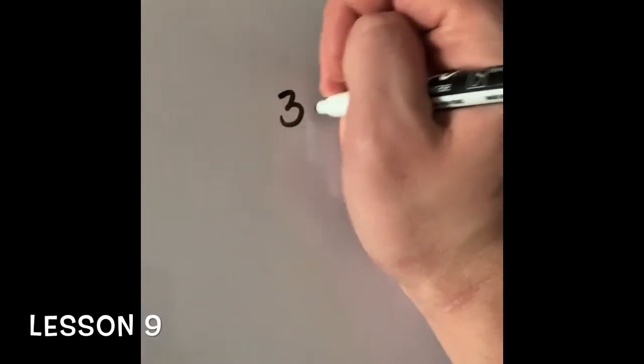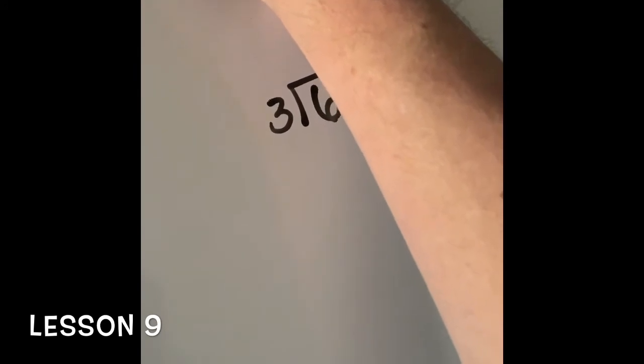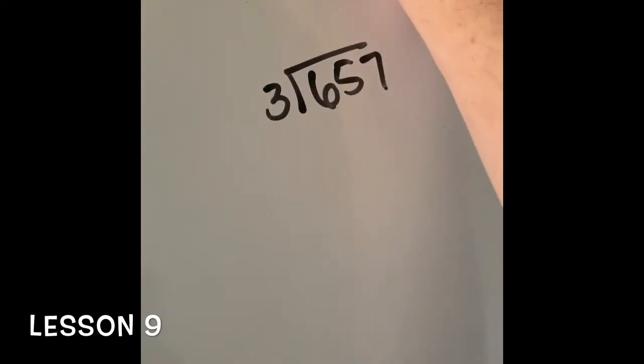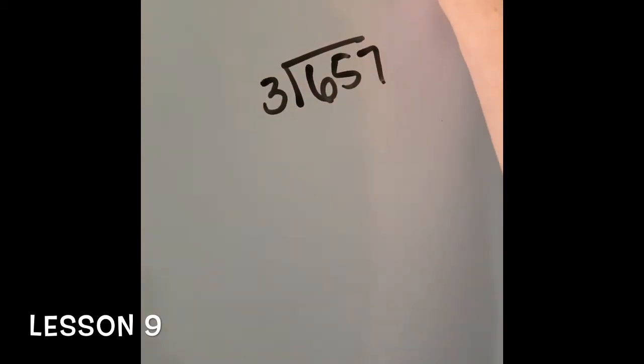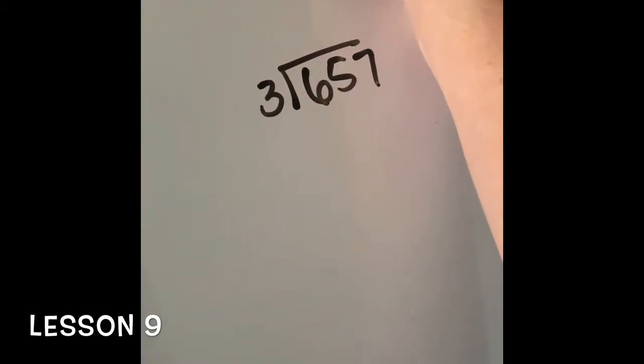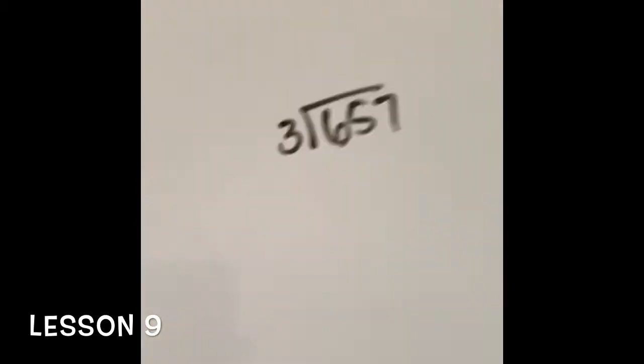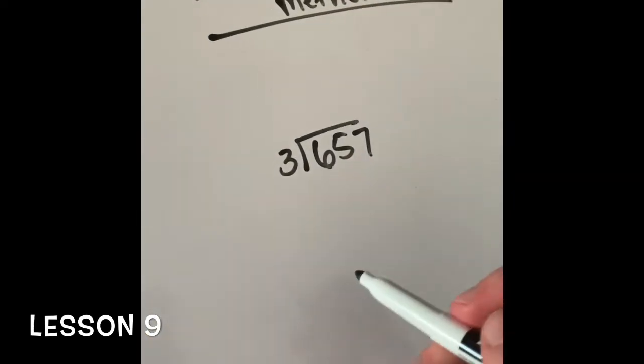I have to erase because I have to come down a little bit. So 3, go 3, 6, 5, 7. So this is a partial quotient method. And don't worry, I will zoom out to show you the whole whiteboard here in a bit, but I am just zooming in right now to show you.